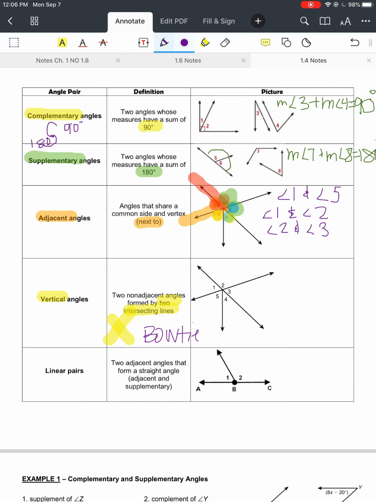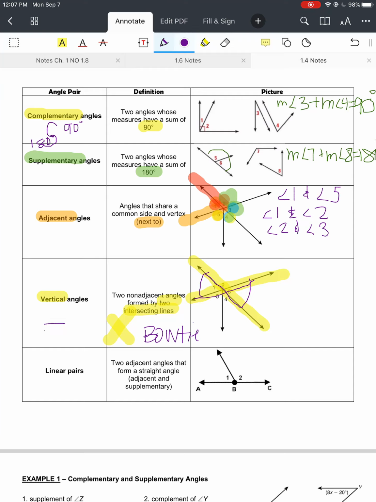Looking at my example, if you highlight these two lines, you may notice that two angles end up across from each other. Here it would be angles 1 and 3. If I outline them, you can see that they form a bow tie.